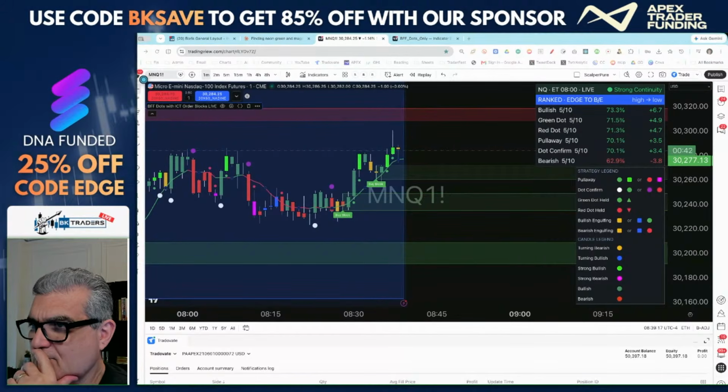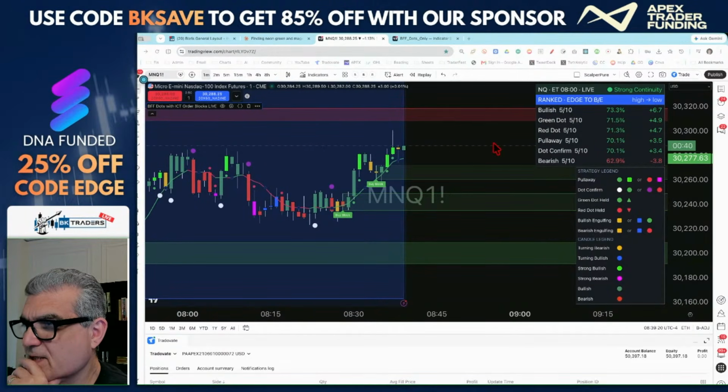See if we can get another bullish engulfing, which was a trade that really worked.